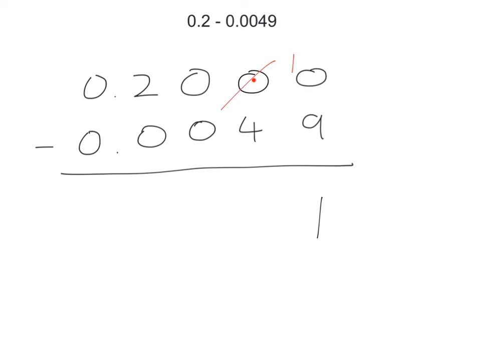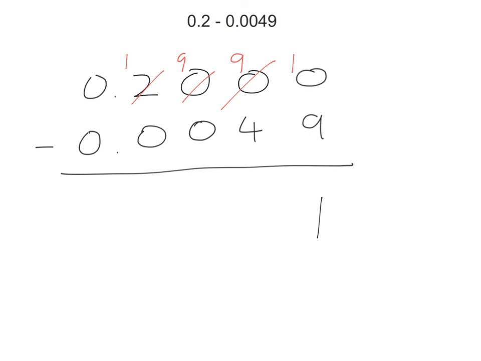So in this case, we borrowed 1 from this 0, but really we borrowed 1 from 200. 200 minus 1 equals 199. So we need to cross out all three place values and change it to 199.